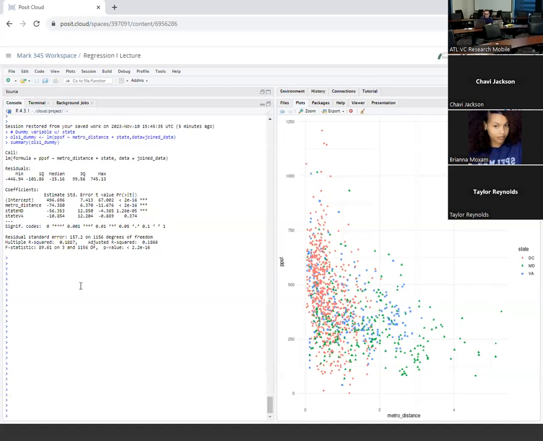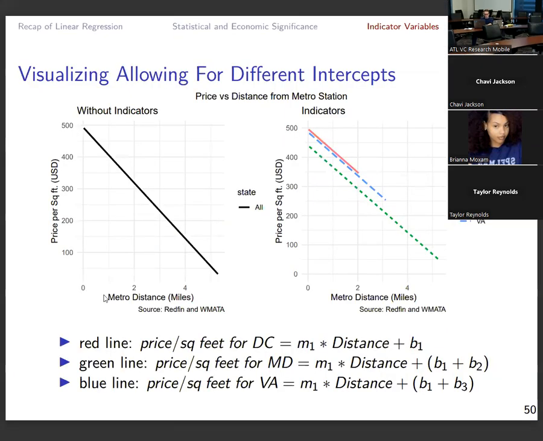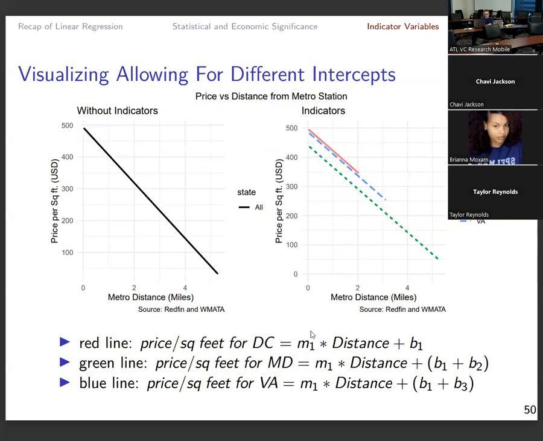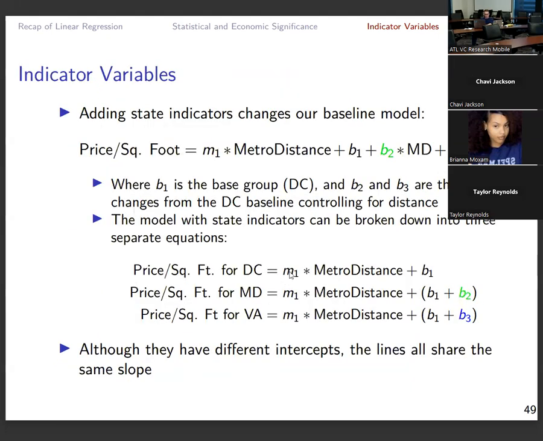Do you want me to go back to the equation? Yes. Okay, so minus 74 is the estimate for M1. And that M1 is the same for every single metropolitan area in my sample.